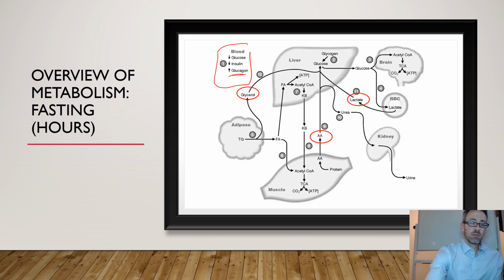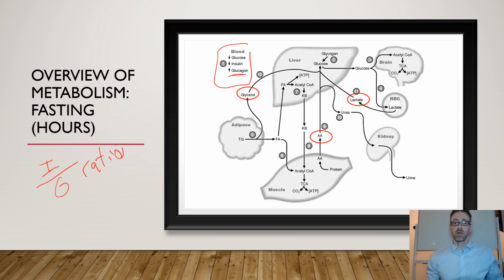So what we have is something referred to as an insulin-glucagon ratio, so I over G. Usually in a fed state, there's a lot of insulin and low glucagon, so it's a very high ratio. In a fasting state, insulin levels drop and glucagon levels rise, so the ratio is smaller.